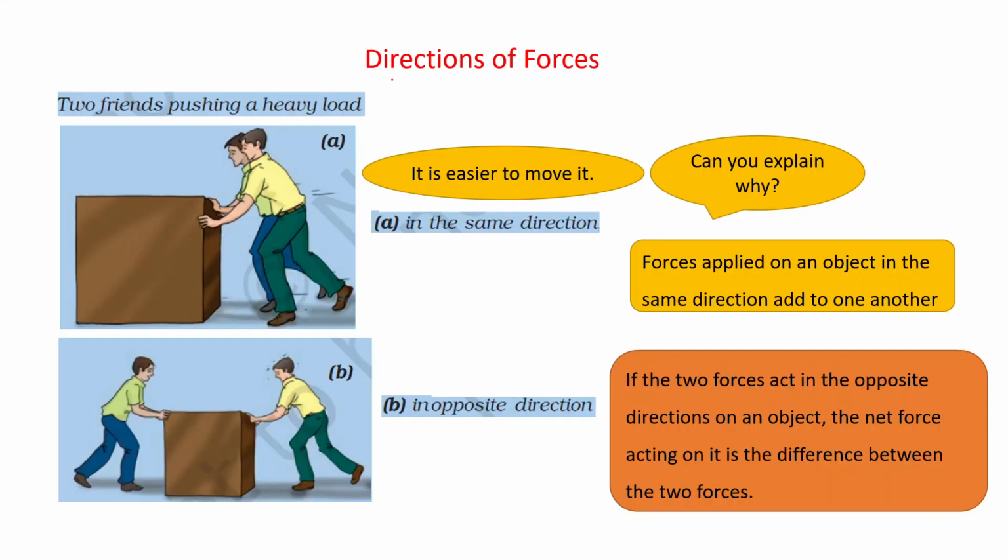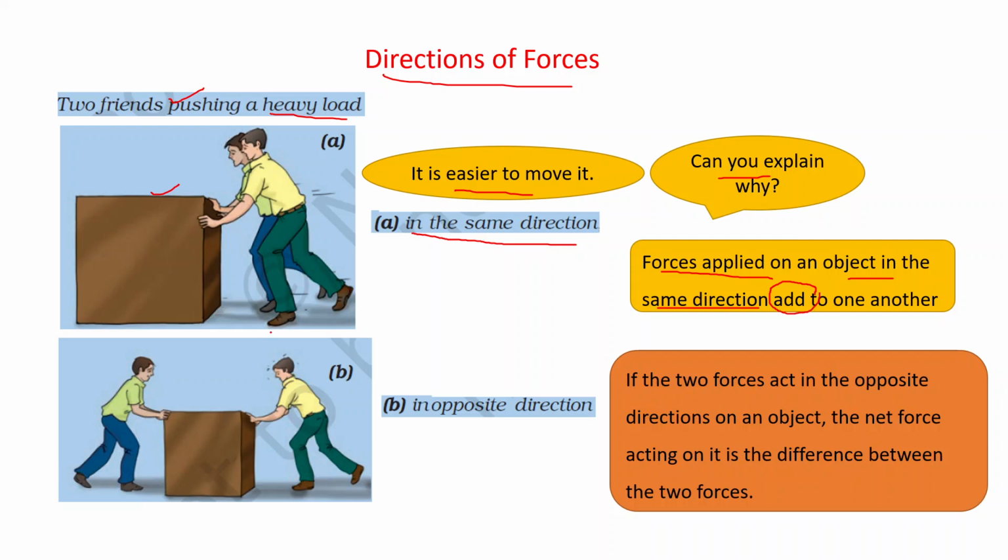Now, directions of forces. Again, see this diagram. Two friends pushing a heavy load. It may be a box, and these two friends are pushing in the same direction, and it is easier to move it. Why is it easy? Can you explain? We can say forces applied on an object in the same direction add to one another.